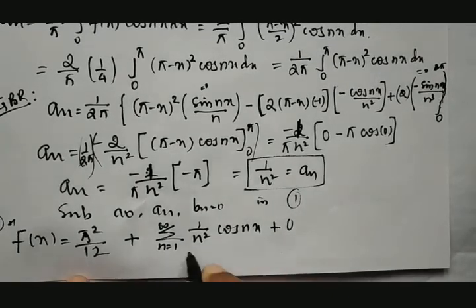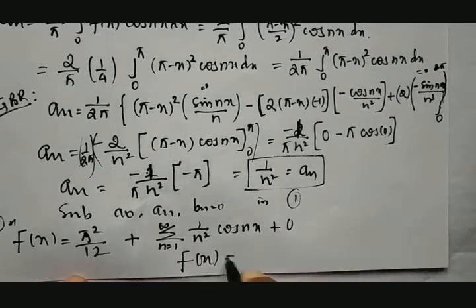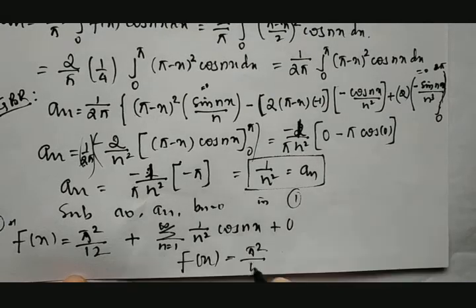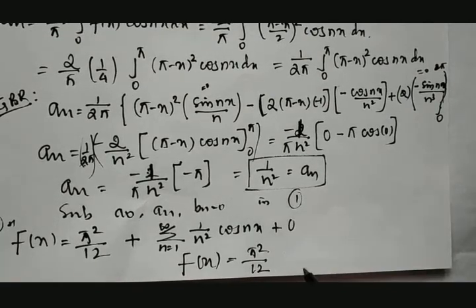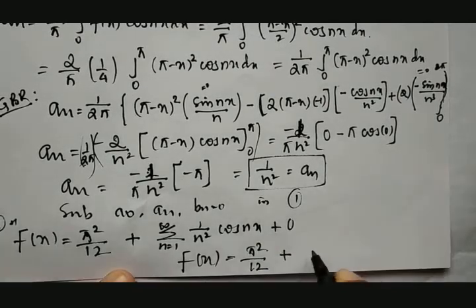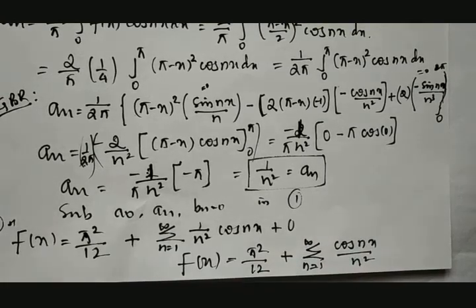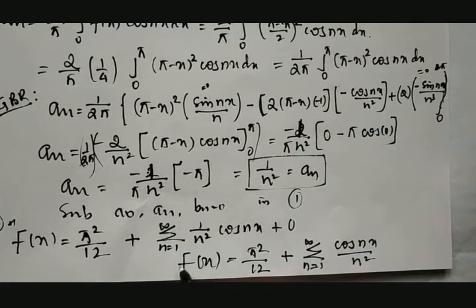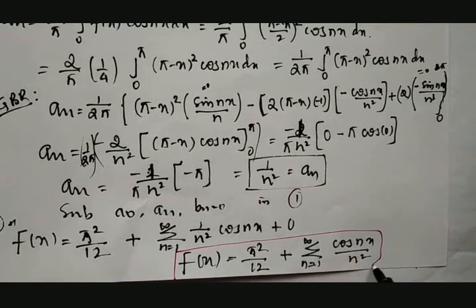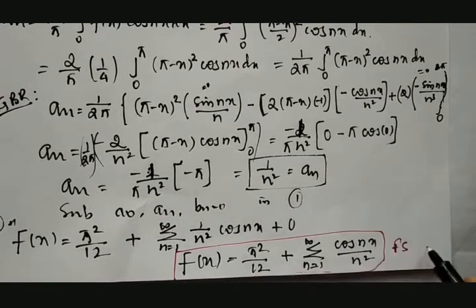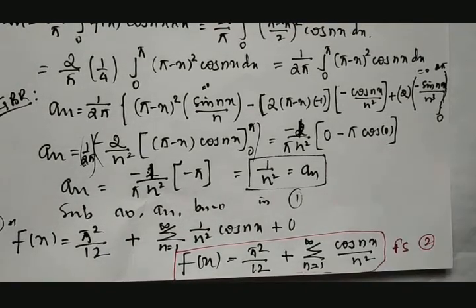Therefore, f of x is equal to pi square by 12 plus summation from n equal to 1 to infinity cos nx divided by n square. So this is the required Fourier series. I will be calling it equation number 2.